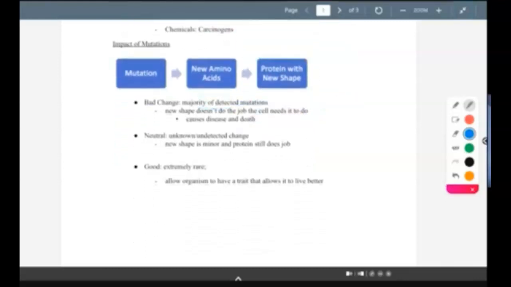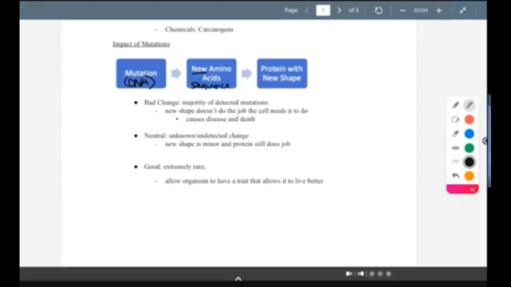This little flowchart here is to help us think about the process. A mutation that happens, remember, in our DNA, maybe we could add the letters DNA, is going to cause us to have a new amino acid sequence.